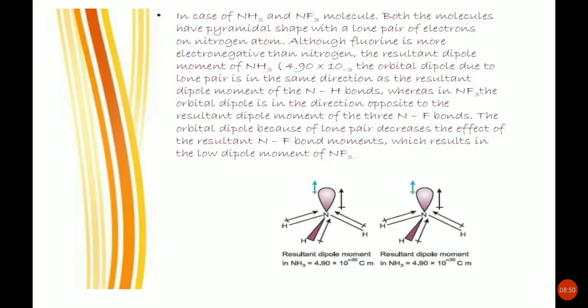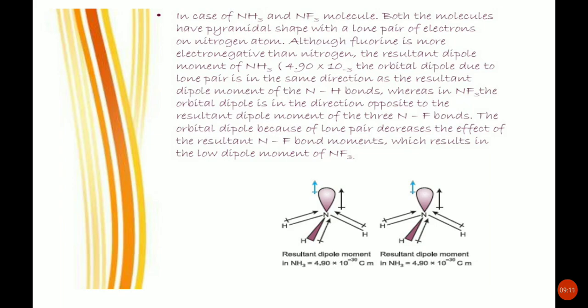Now this is a very important point we are going to discuss. In the case of NH3 and NF3 molecules, both have a pyramidal shape with a lone pair of electrons on the nitrogen atom.